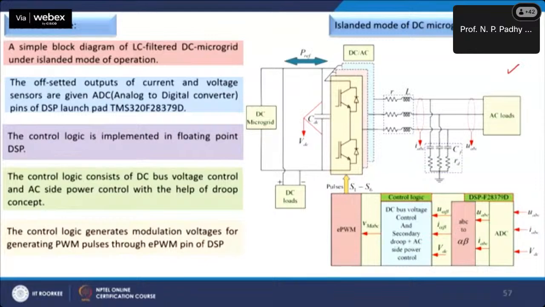The control logic is implemented in the floating point DSP. The control logic consists of DC bus voltage control and AC side power control with the help of the droop concept. The control logic generates modulation voltages for generating PWM pulses through the ePWM pin of the DSP.